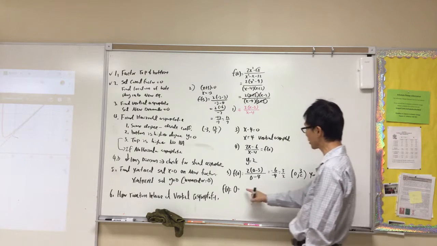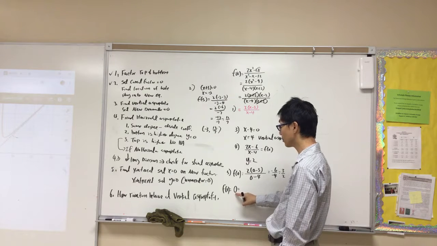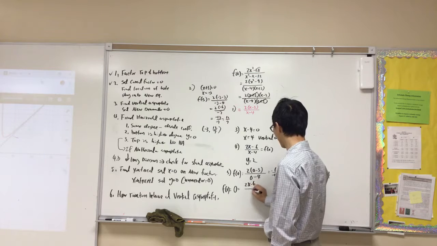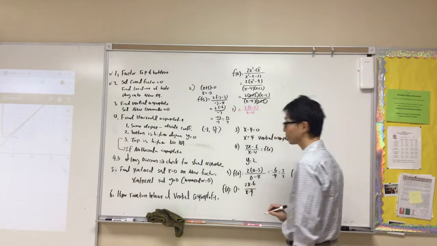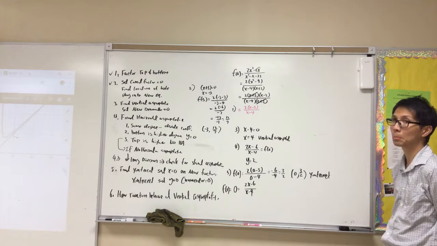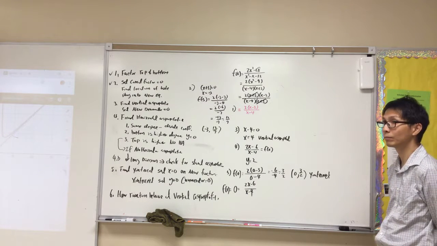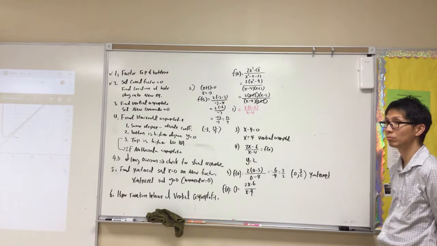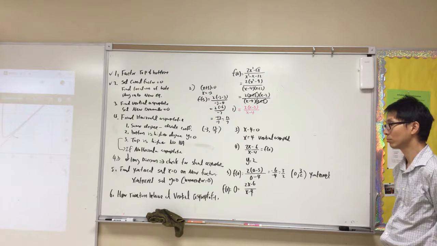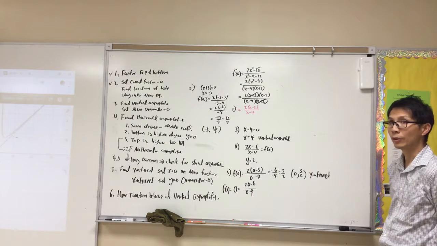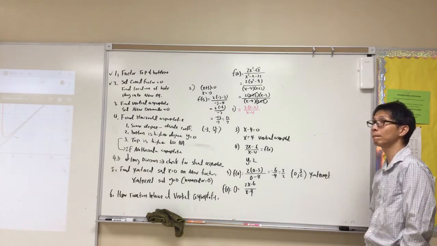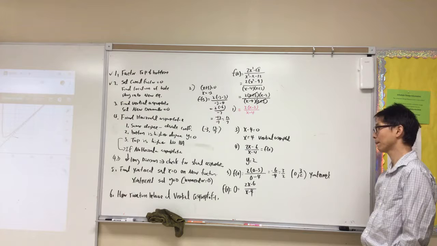And this one is going to set f of x equal to 0. So you've got 2x minus 6 over x minus 4, right? How do you find the zero in this case? You multiply x minus 4 on both sides.